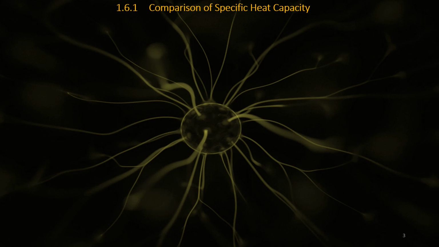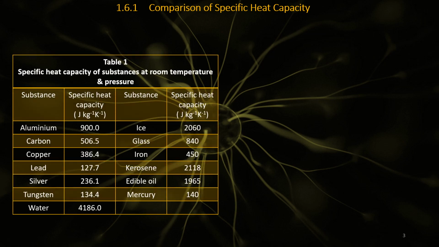Now we will study the specific heat capacity of some substances at room temperature and atmospheric pressure, and we will compare different substances. Table 1 shows the specific heat capacity of some substances at atmospheric pressure and ordinary temperature.